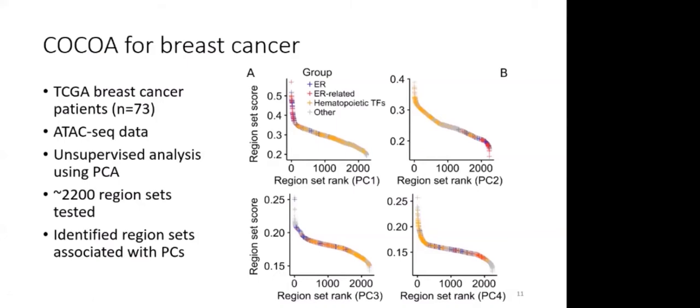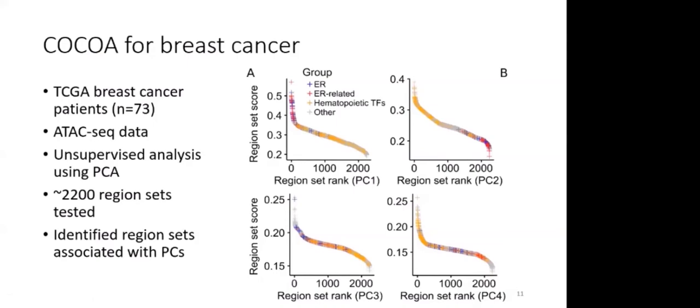And so that makes a lot of sense because estrogen receptor is known to be a major prognostic factor in breast cancer. So we can see that there's a lot of chromatin accessibility variation across samples in these estrogen receptor regions, especially along principal component 1.